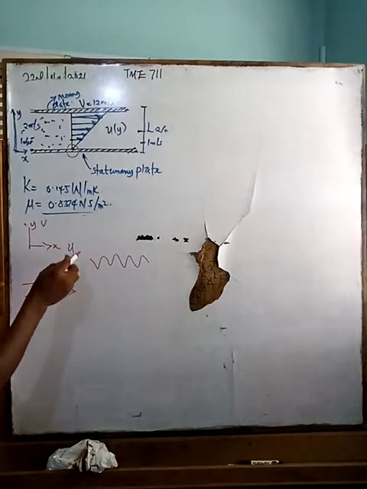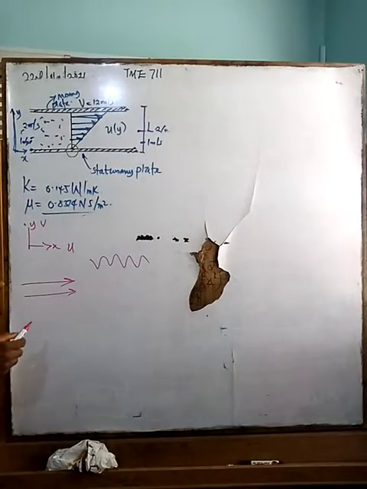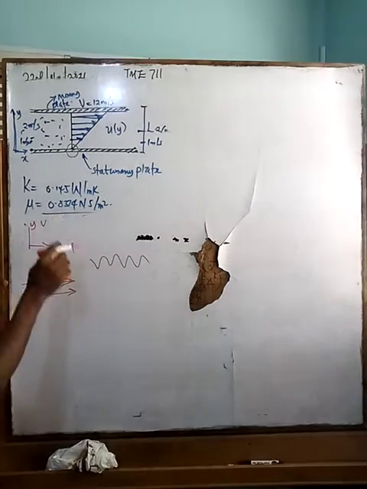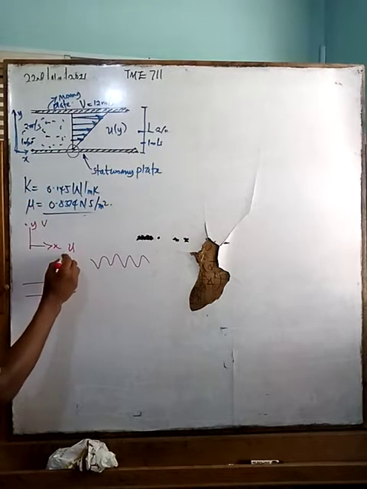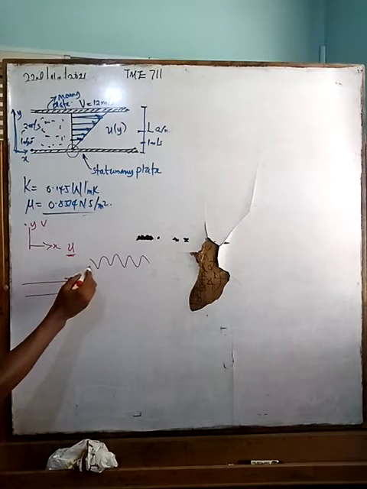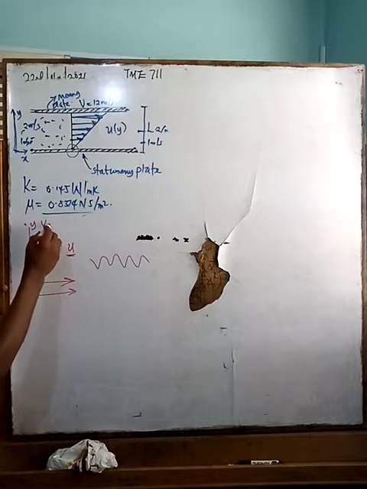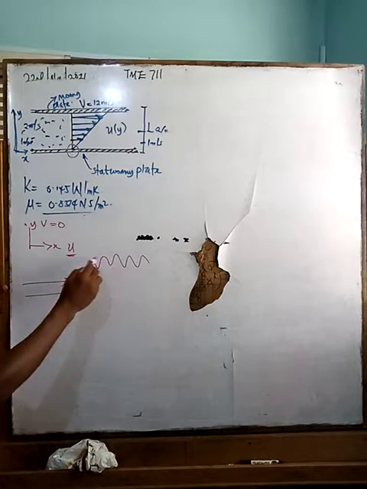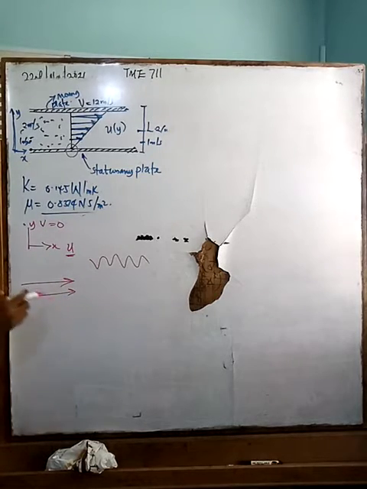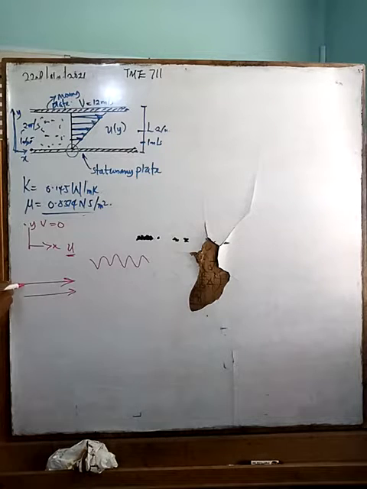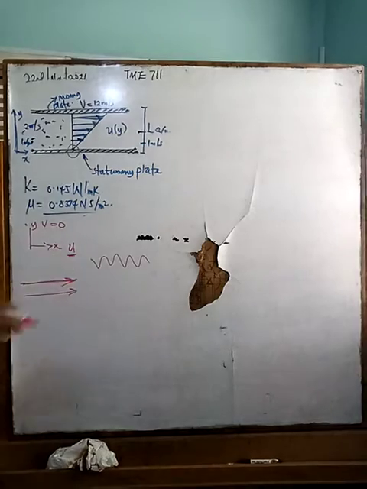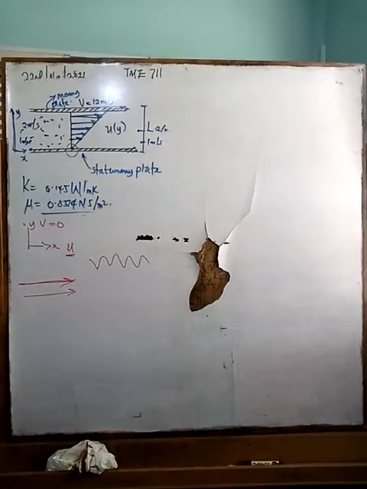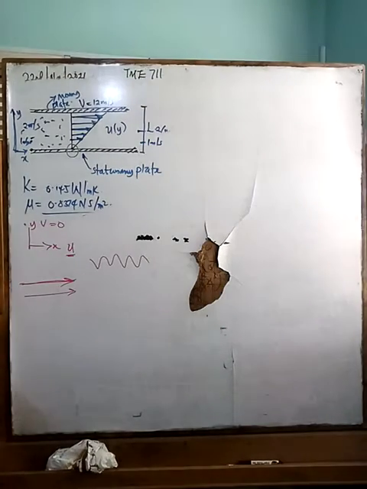But in this case, we only have velocity on the x-axis, that is the speed of the moving fluid along the x-axis, which is u, while the speed on the y-axis is equal to 0, because it's not turbulence, it's a laminar fluid. The fluid is moving in a straight pattern. It's not moving like the motion of a sea or ocean.